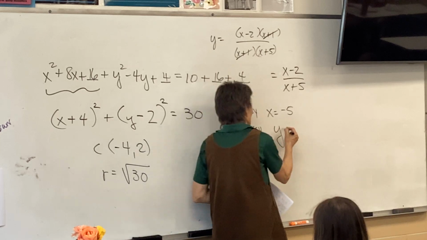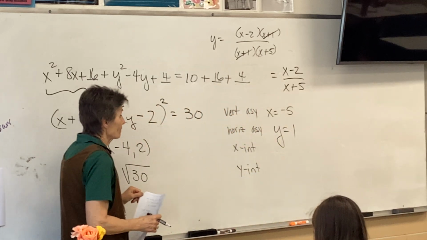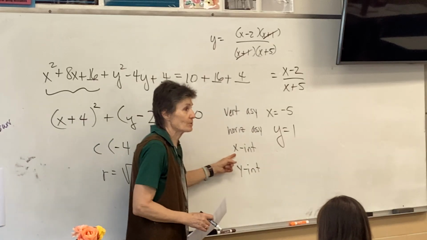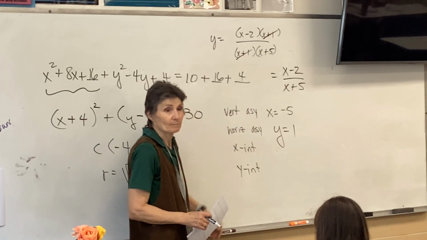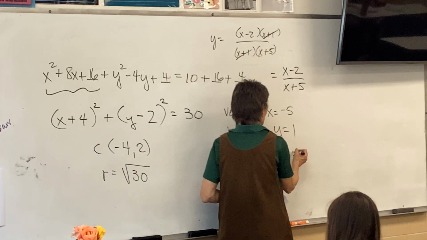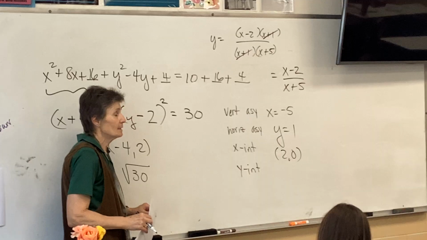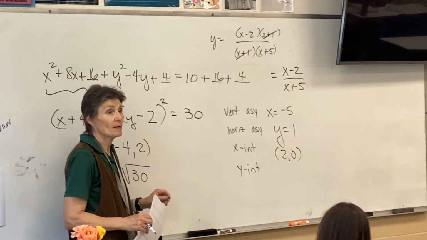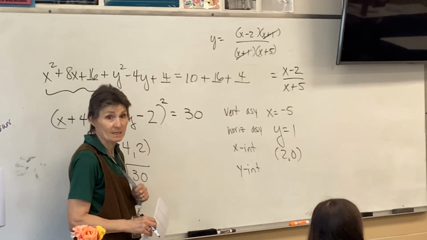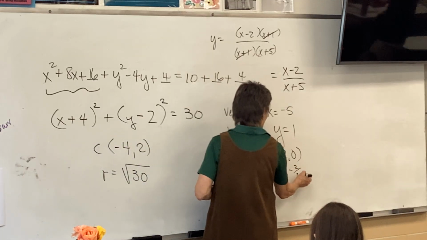So y equals 1 is the horizontal asymptote. Where does the x-intercept come from? Numerator. So it's 2 comma 0, x equals 2, comes from the numerator. And then the y-intercept comes from plugging in 0. So that would be 0, negative 2.